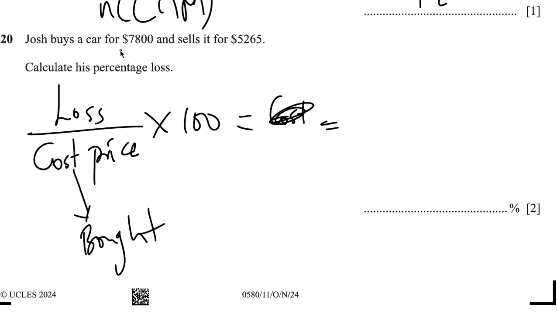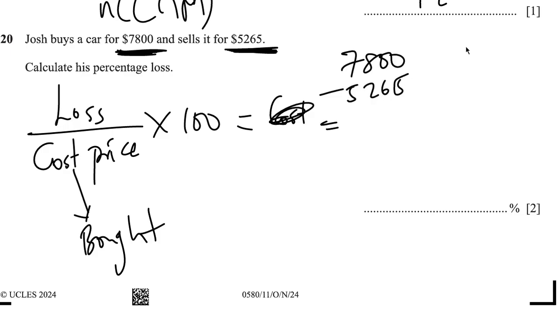So he buys it for $7,800 and then he sells it for $5,265. So his loss is the cost price, which he bought, minus how much he sold it. So 7,800 negative 5,265 is 2,535. So 2,535 is the loss.